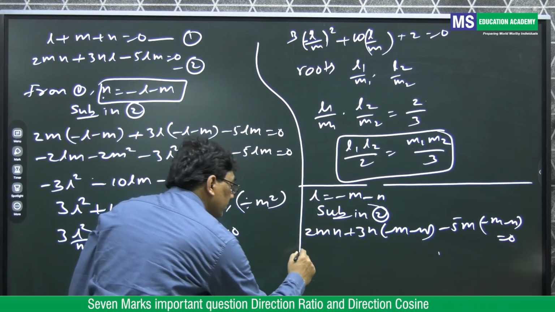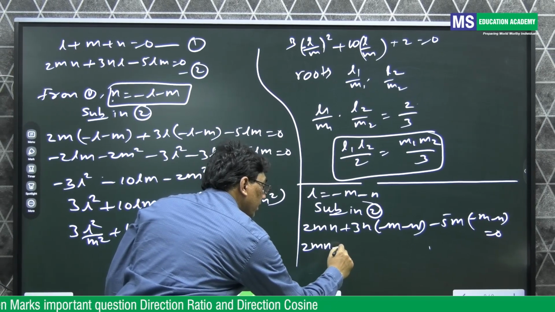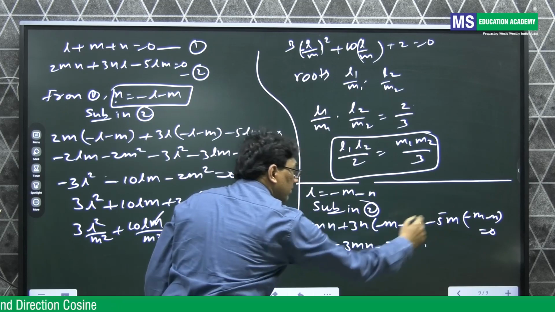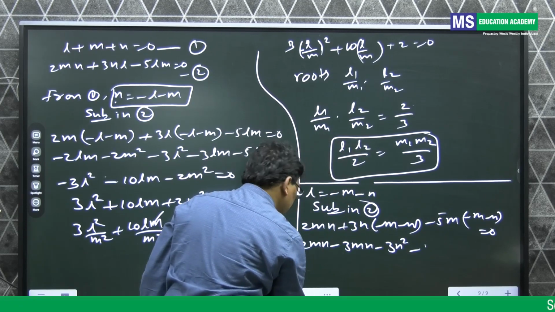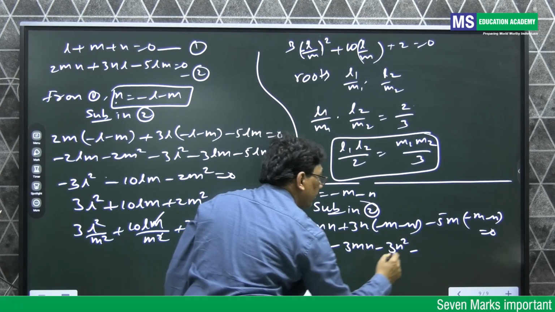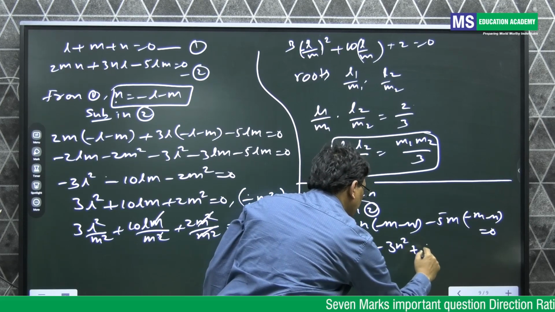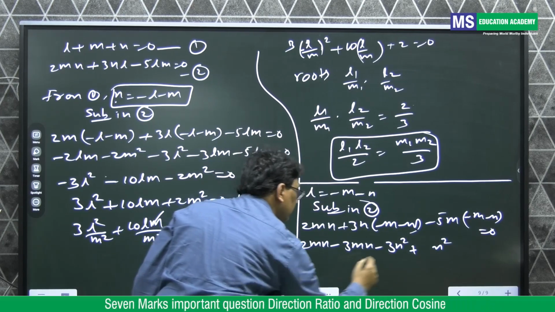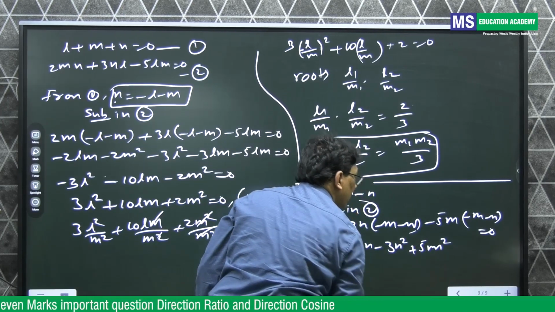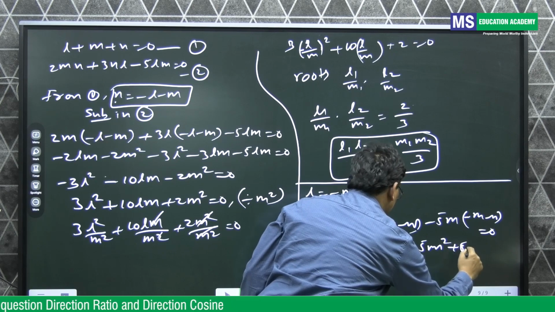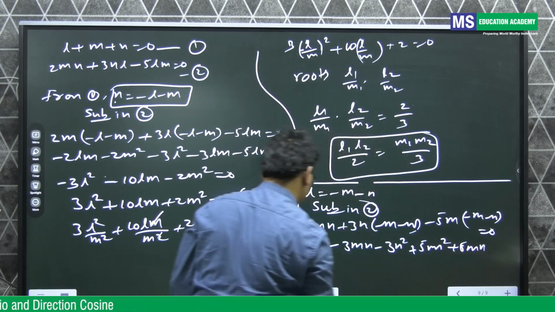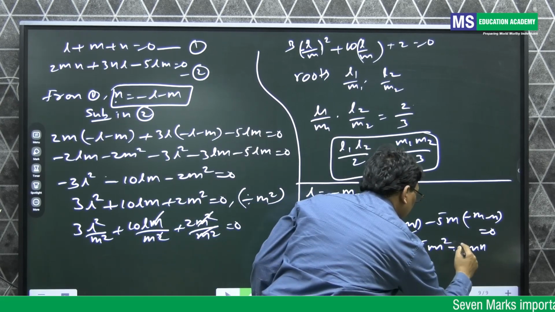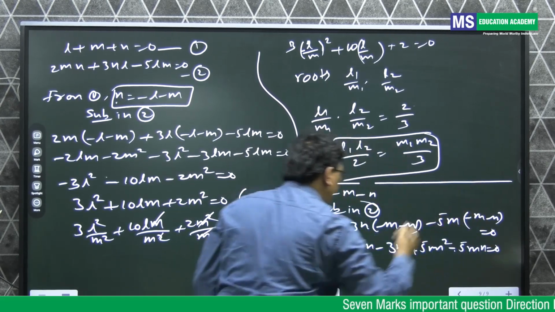Now multiply: 2mn minus 3mn minus 3n square, minus into minus plus 5m square, minus into minus plus 5mn, equal to 0.